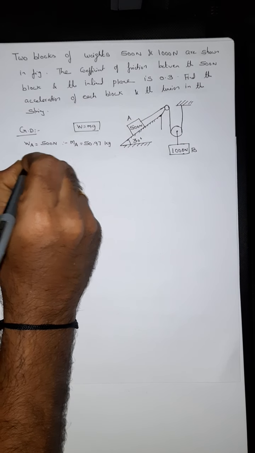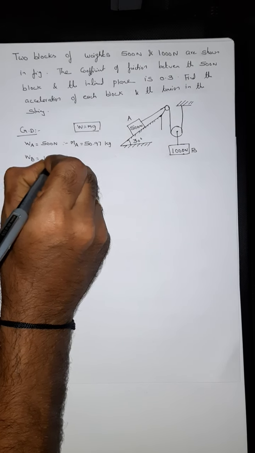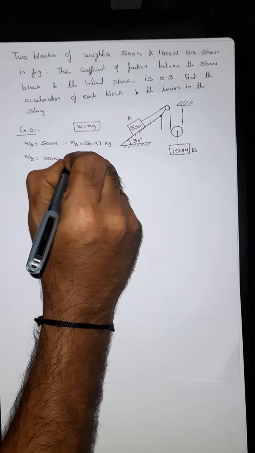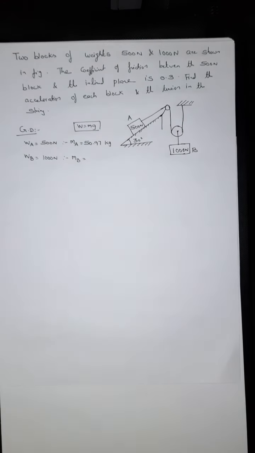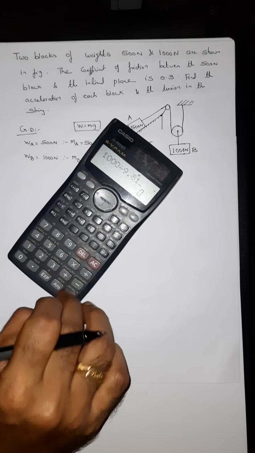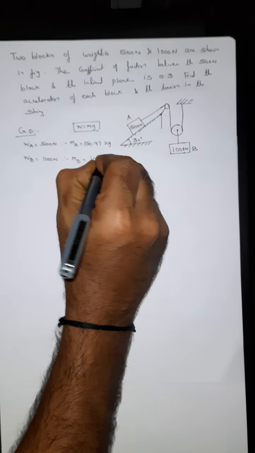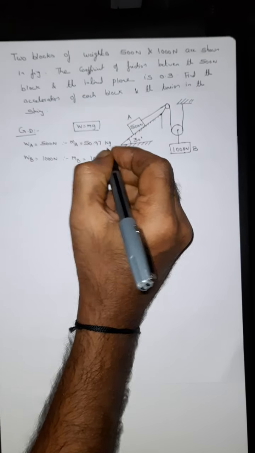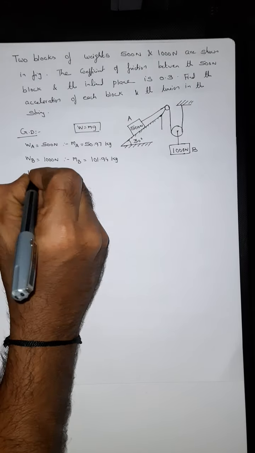And weight of block B is 1000 Newton. MB equal to 1000 divided by 9.81, which is 101.94 kg.